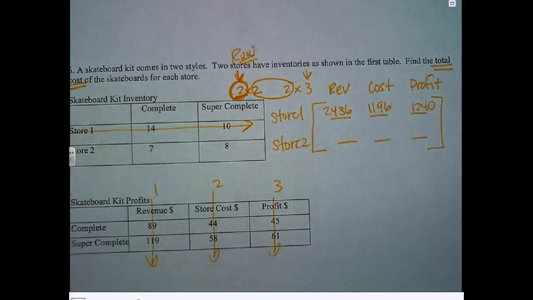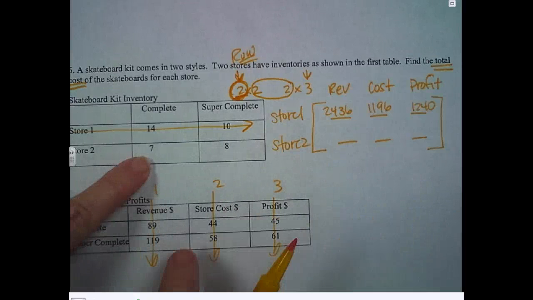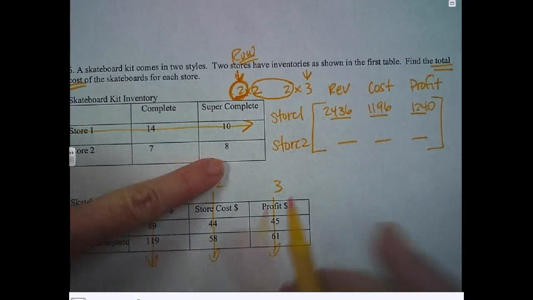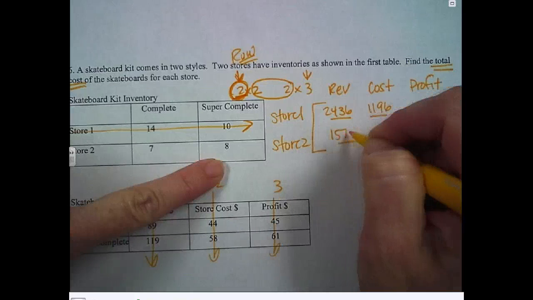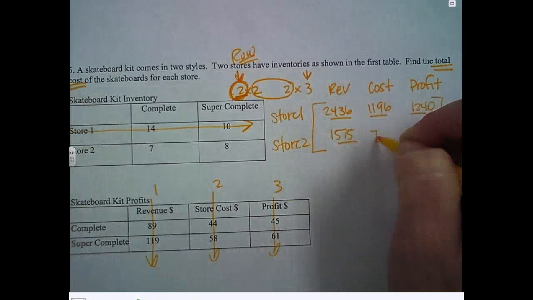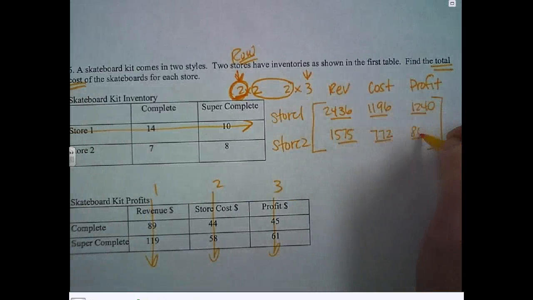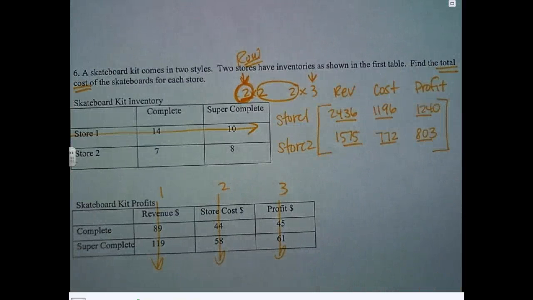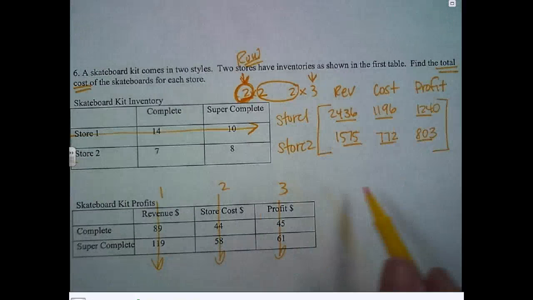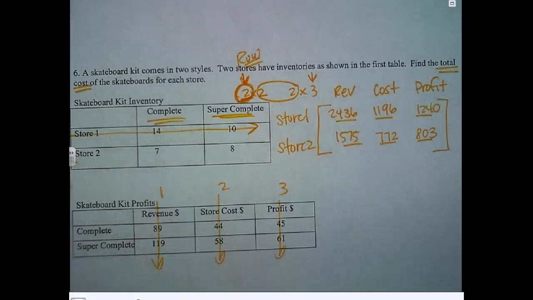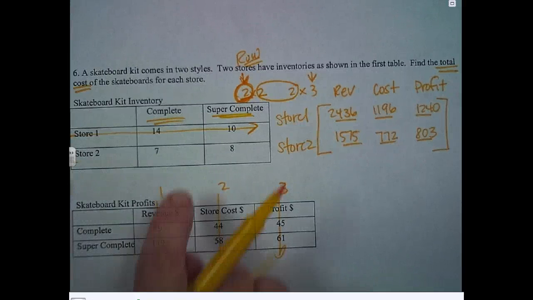Store 2, 7 times 89 and 8 times 119 is 1575. This would be 772 and 803. Okay, the reason this helps is because I want to know the profit, right? The problem is, store 1 made profit on completes and super completes, didn't they? Store 2 made profit on complete and super completes.